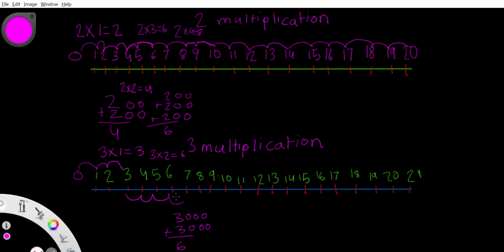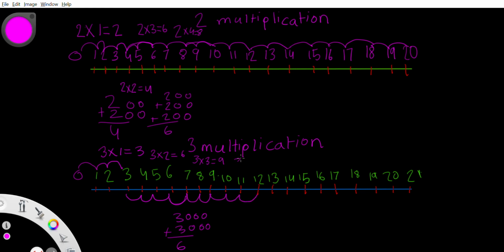And then 3, 3 times, which would be 1, 2, 3. 3 times 3 is 9. Oopsie daisy. 1, 2, 3.